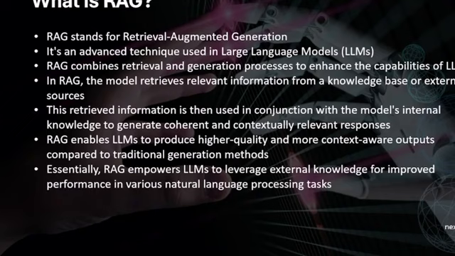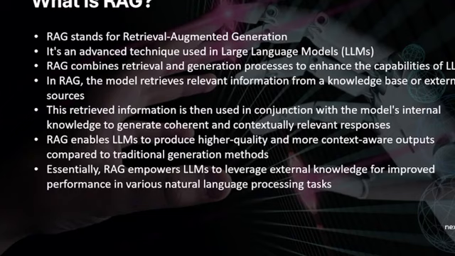So the retrieved information is then used in conjunction with the model's internal knowledge to generate coherent and contextually relevant responses. Which is what I was talking about in the example: relevant and contextually relevant responses. Coherent, obviously, when you have RAG, it will be coherent.